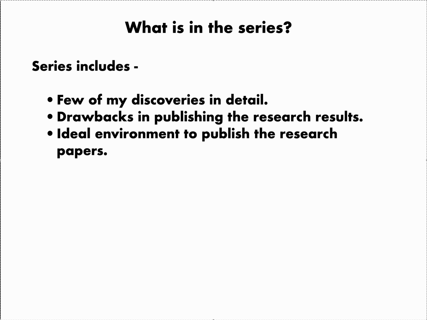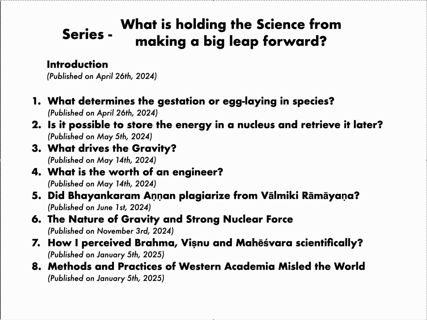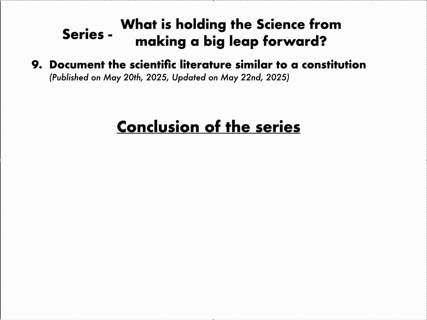In the previous talk I talked about that, and this talk is about the ideal environment to publish research papers. Building a core library is the ideal environment to publish research results. That's how I built this entire series, and these are the talks I gave earlier. This is the last talk, and this concludes the series.